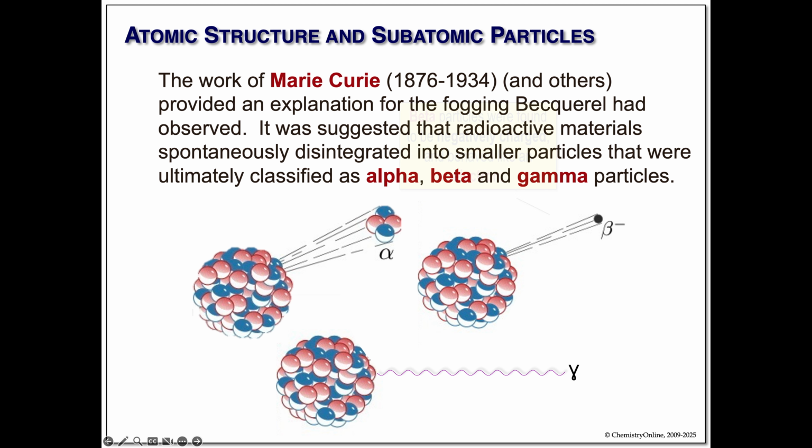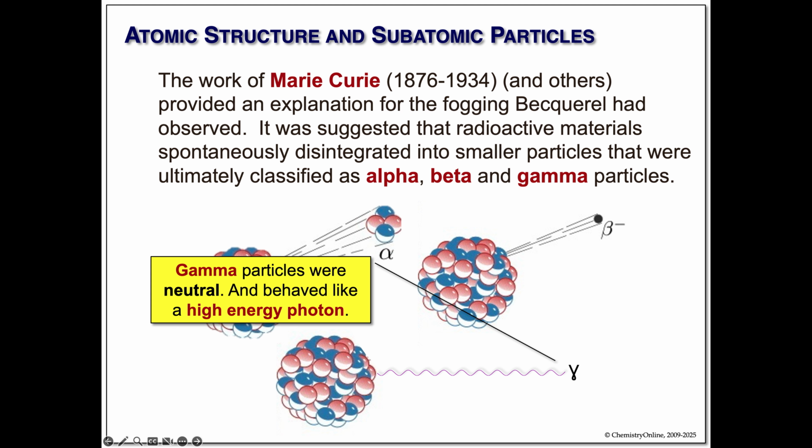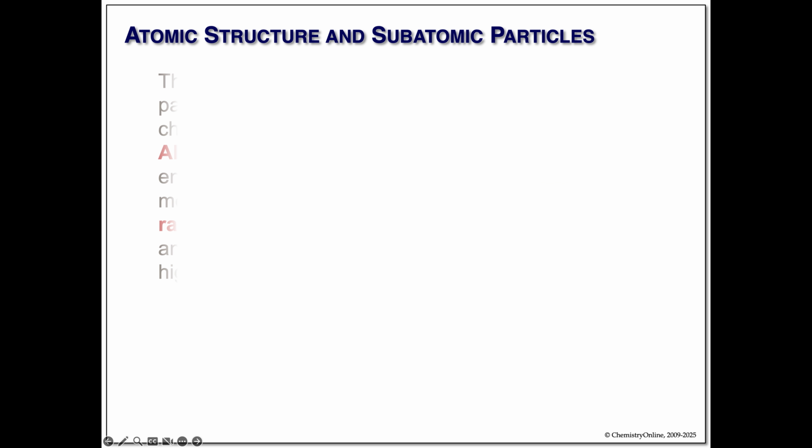Gamma particles came about when a nucleus was excited for some reason, heated, whatever. Basically, it looks like a very high energy photon. These 3 particles, and this has no charge and no mass, really.